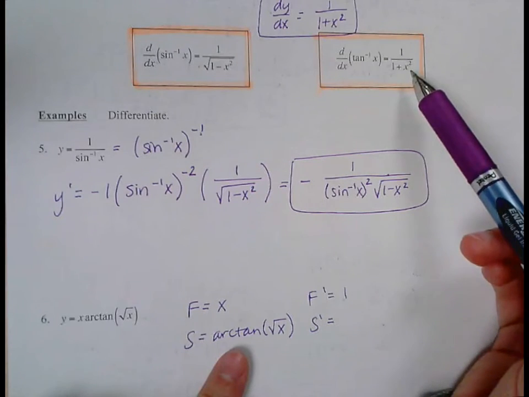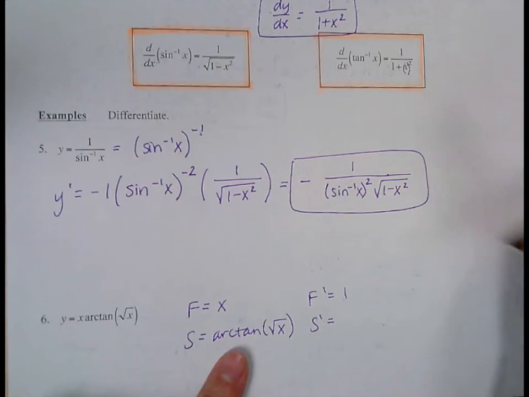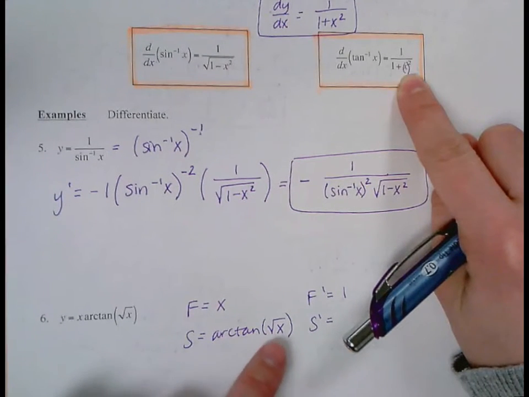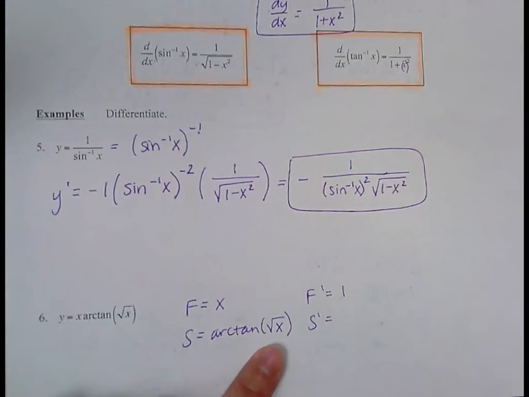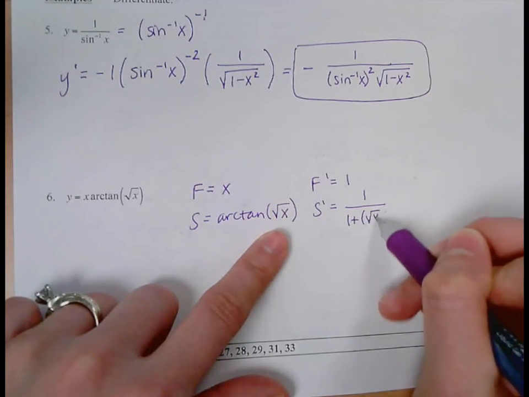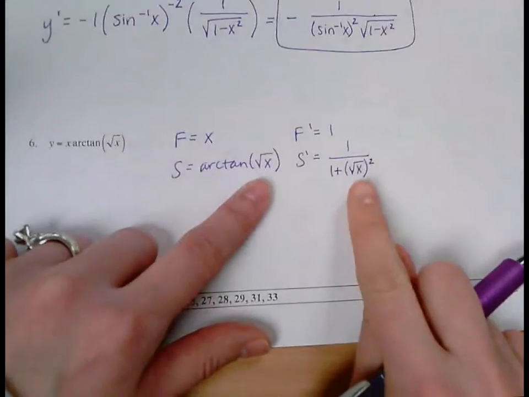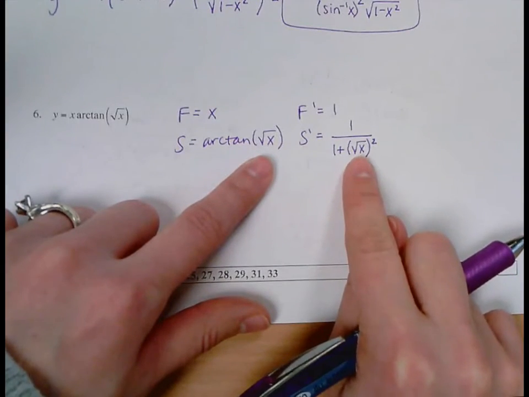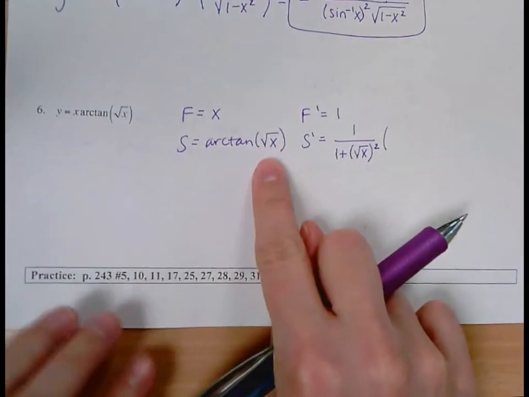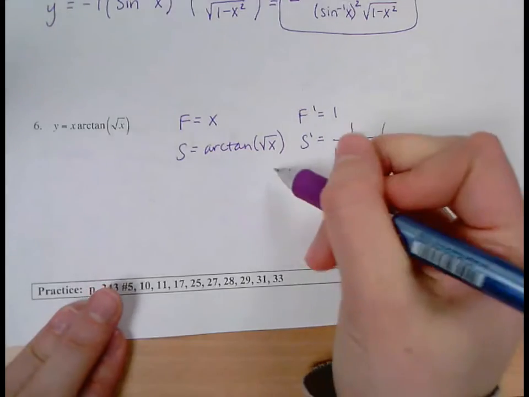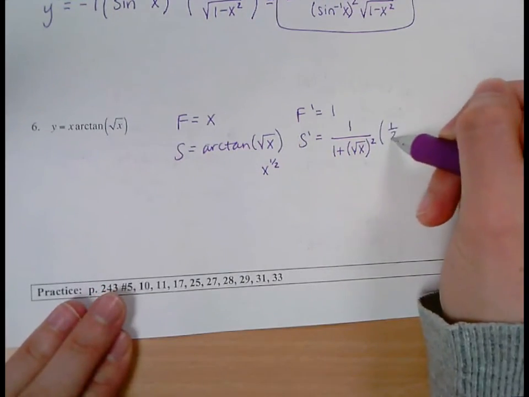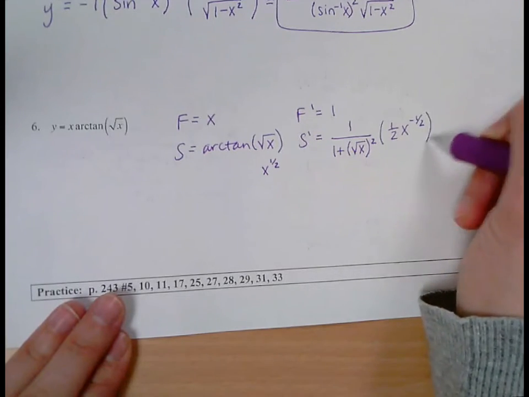So where you see this x, that will be the square root of x because you have to leave the inside or the input the same. So the derivative of the outside would be 1 over 1 plus the square root of x squared, which is just x, but I want you to see where the x is coming from. And then you multiply that by the derivative of the inside. So the square root of x is x to the 1/2. Derivative is 1/2 x to the negative 1/2.